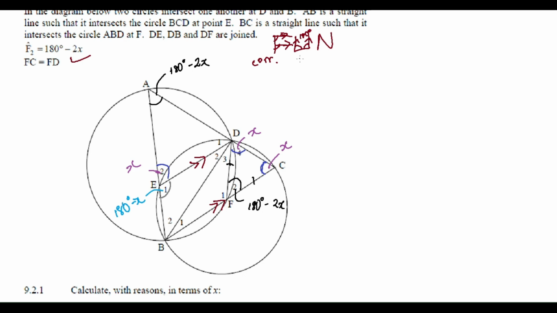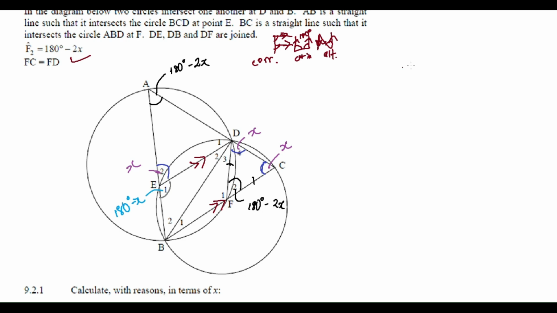Your reasoning, you're going to say co-interior angles, right? And then here you are going to be given something that looks like an N or a Z. So these 2 angles are going to be equal. Your reasoning, you're going to say alternate angles. So we only need one of these 3 situations on our diagram below, right? So what do I mean?